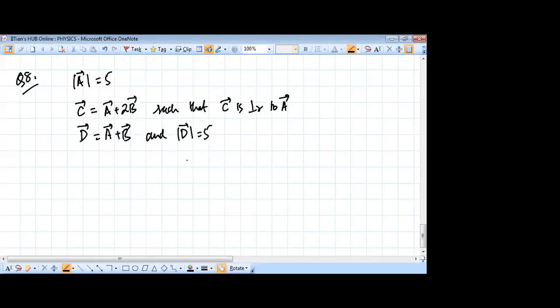So this information is given to us. In fact, questions 8, 9 and 10 are all based on the same information. So we'll solve these. We have to find out the magnitude of the vector C. We have to find the magnitude of the vector B, that is question 9. And we have to find out the angle between A and B.